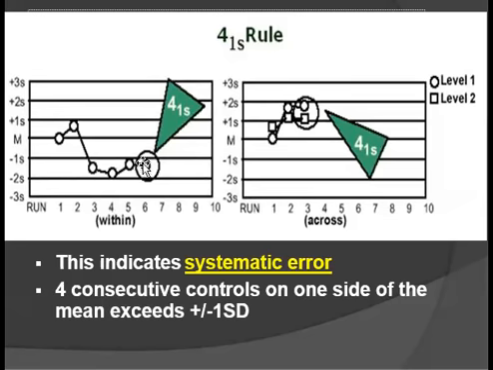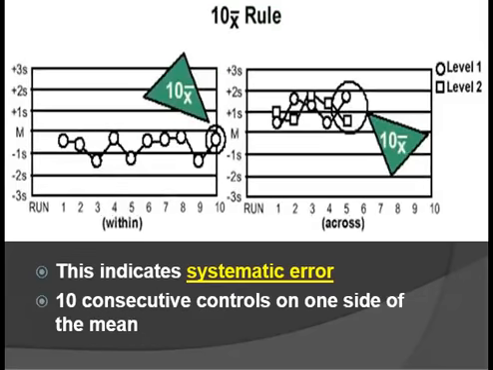So, that indicates systematic error. Then we also have your 10x. Systematic din ito siya. 10x means that there are 10 consecutive controls on one side of the mean. Parehas po nito, 10. Okay?